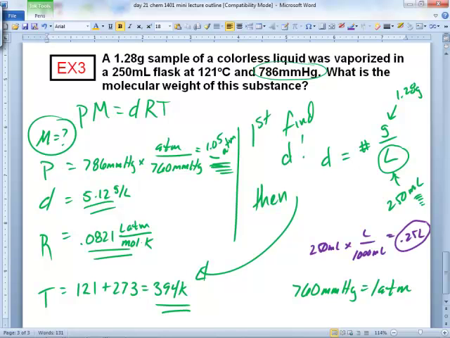That number goes in the bottom. So the density is going to be 1.28 divided by 0.25, and you get 5.12 grams per liter. Density is grams over liters.